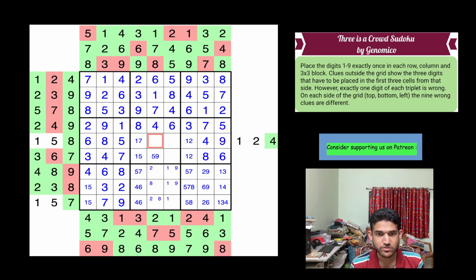For row 5, this is 2, 3. And look at this cell, 3, 4, 7, 6 and 8. I can't have a 5, 1 or 9.